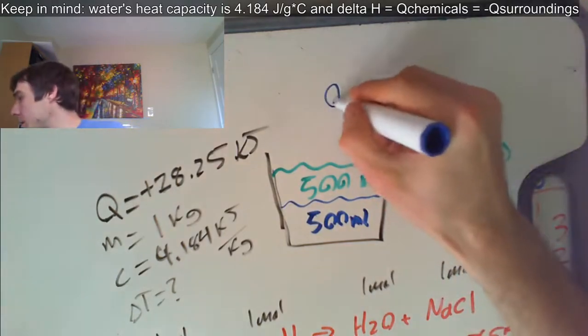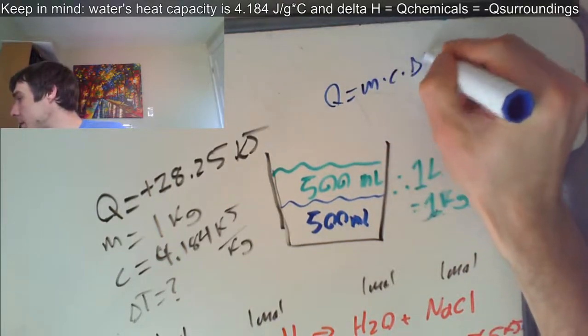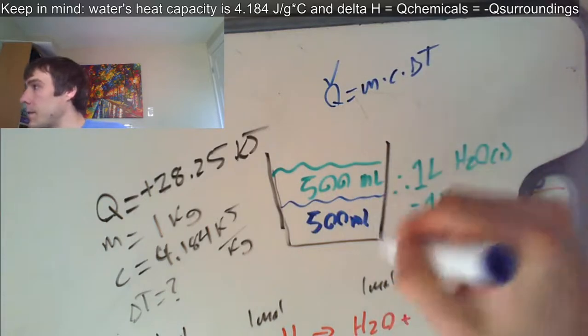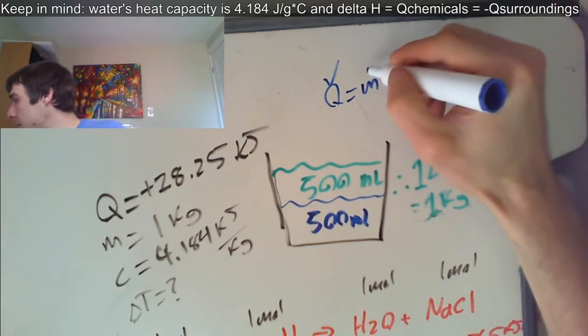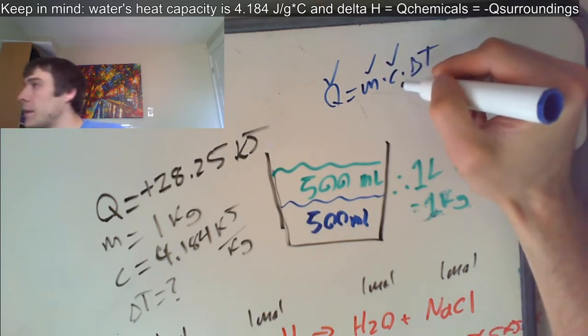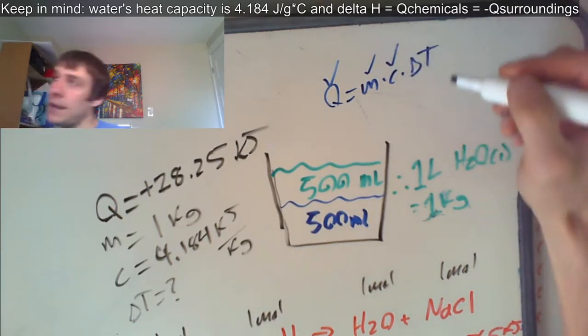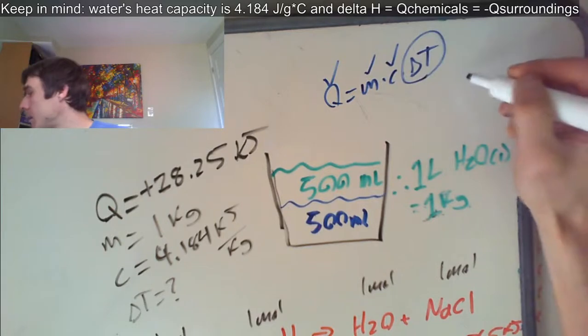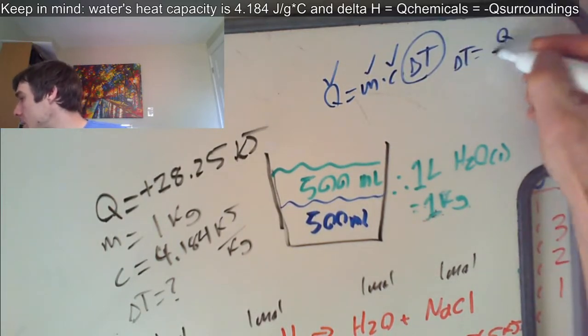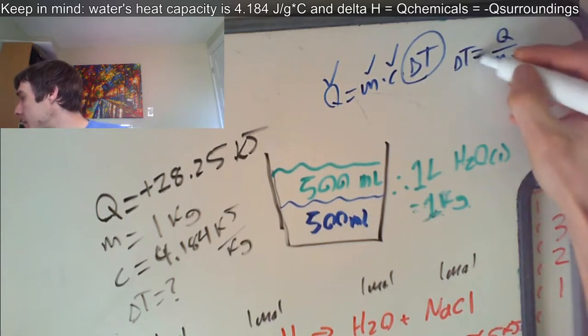Looking at our equation, Q equals M times C times delta T. We know Q because that came from the actual reaction. We know M, it's 1 kilogram. We know C, 4.184, because it's water. And delta T is the thing we don't know. We rearrange: delta T is Q over MC.